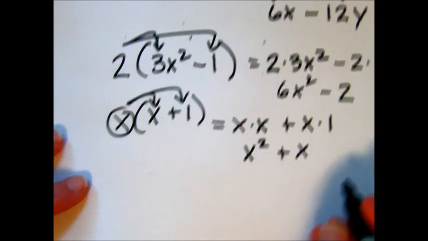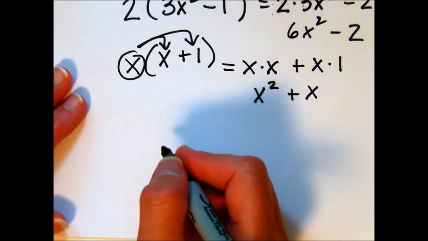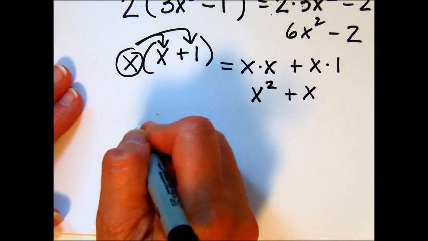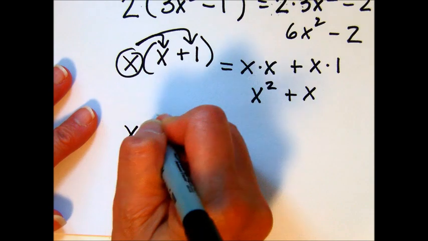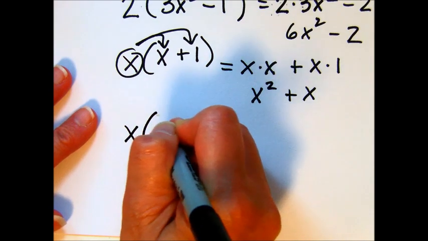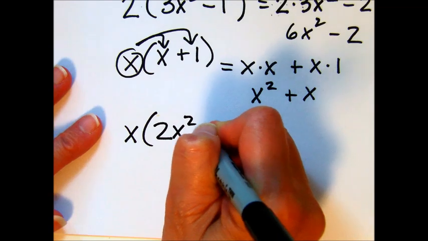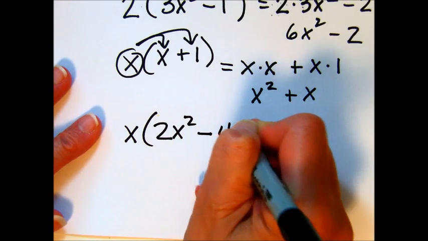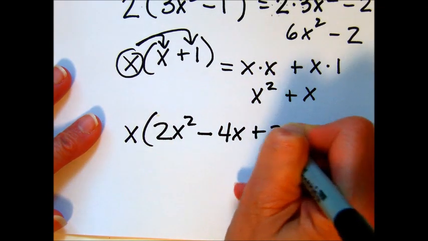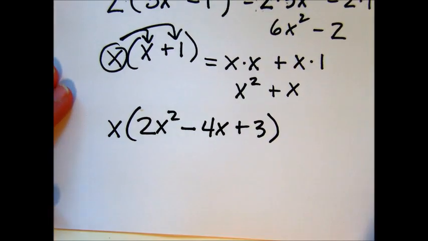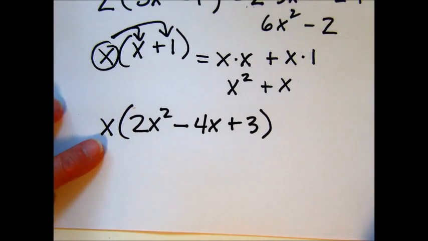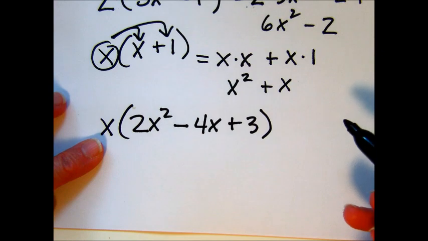Okay, so let's try one more, last one. Say we've got x times 2x squared minus 4x plus 3. Okay, so this is the hardest one. Again, we're going to take that x and multiply it to each part.